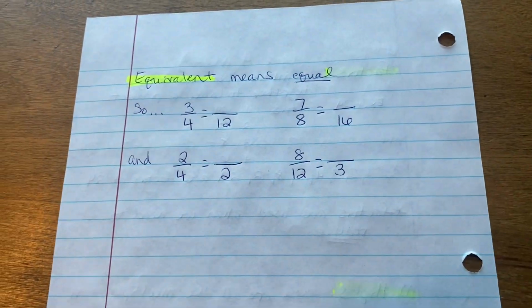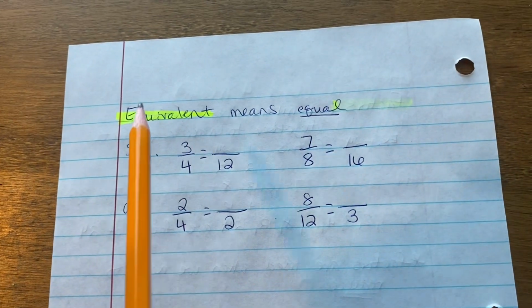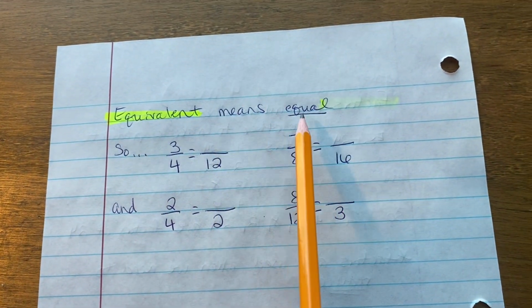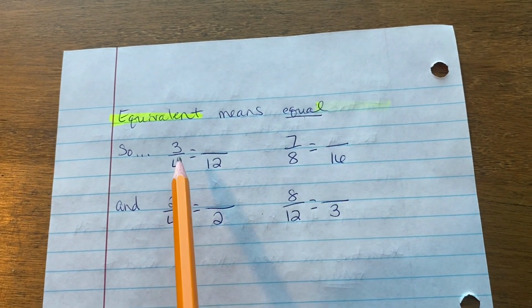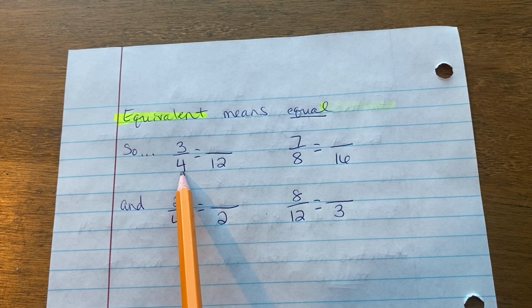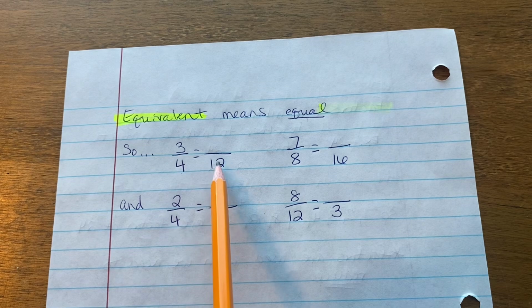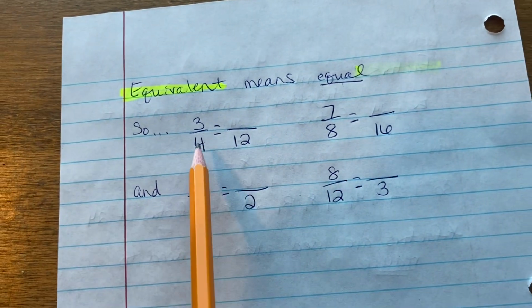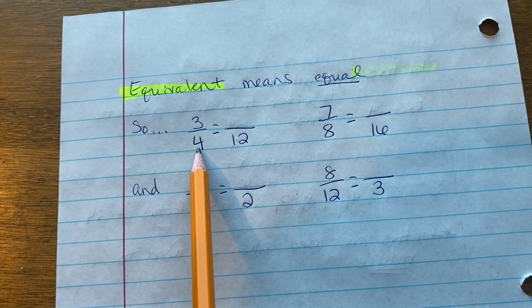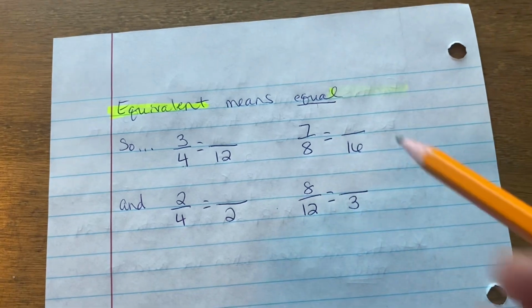All right, so now let's talk about equivalent. Remember, equivalent means equal. With 3/4, we have to ask: 4 goes into 12 how many times? Or essentially, what was 4 multiplied by to make 12? That's right, it was 3.